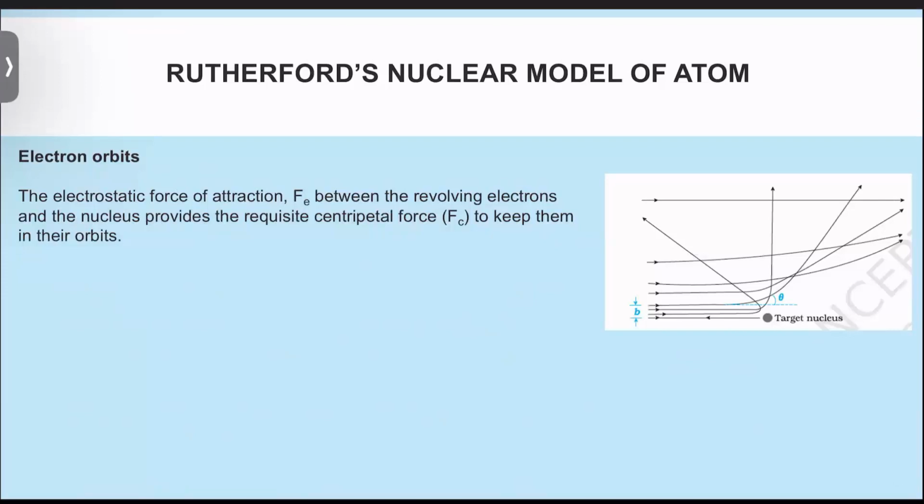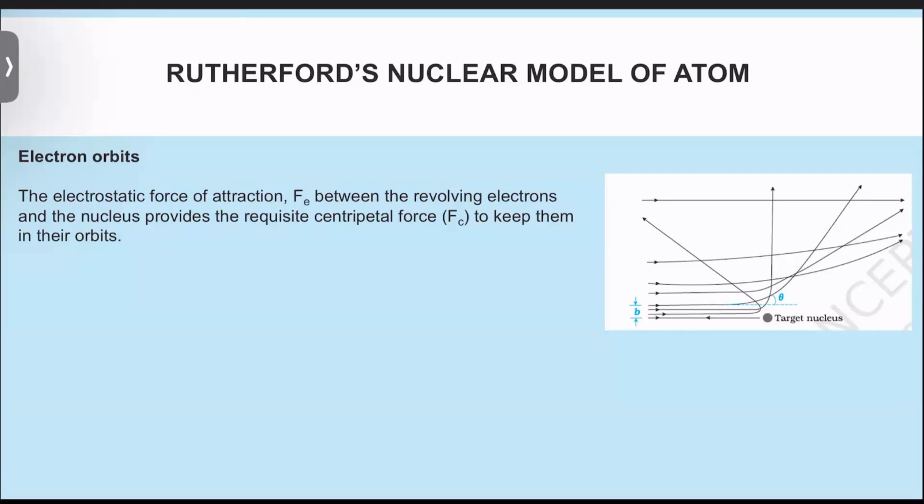Okay, we now understood about the central part of the atom, the nucleus, which has protons and neutrons. Now we'll understand how the electrons are placed, or what their trajectory or position in the atom is.